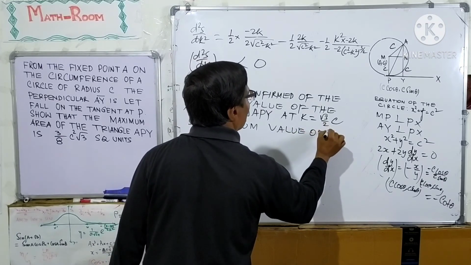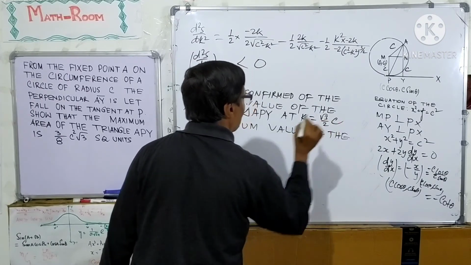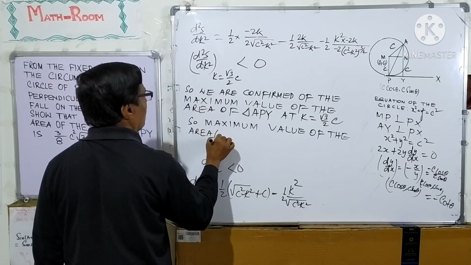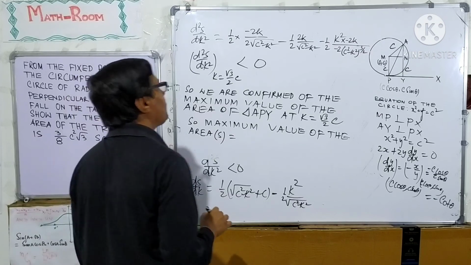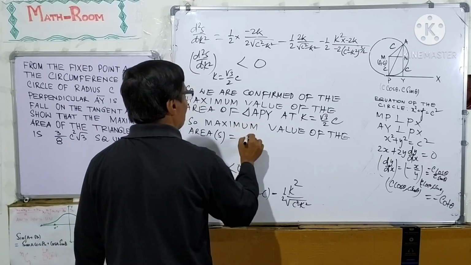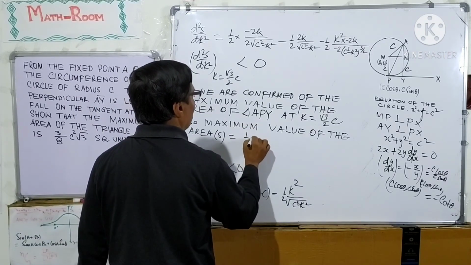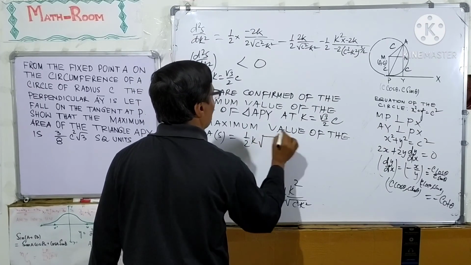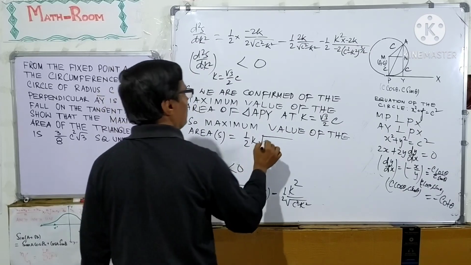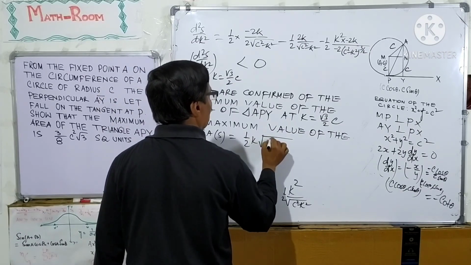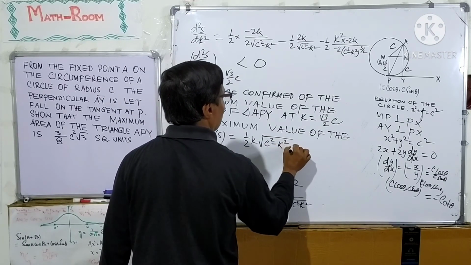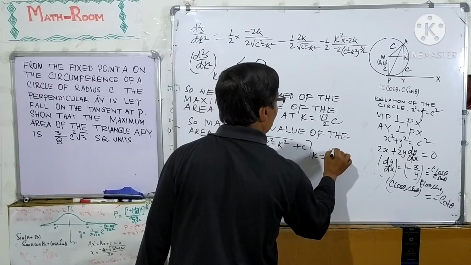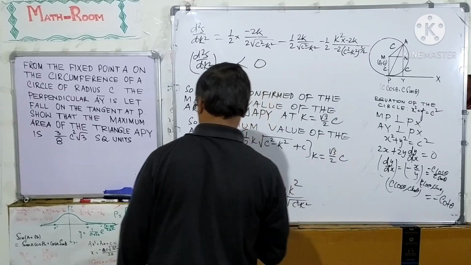Maximum value of the area equal to half into k root over of c square minus k square plus c at k equal to root 3 over 2 into c.